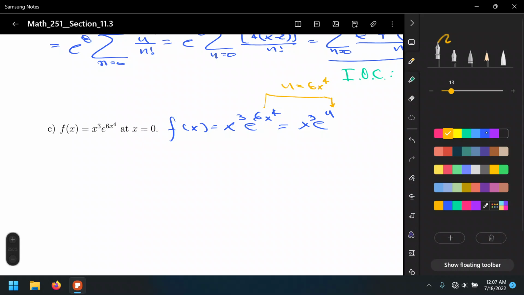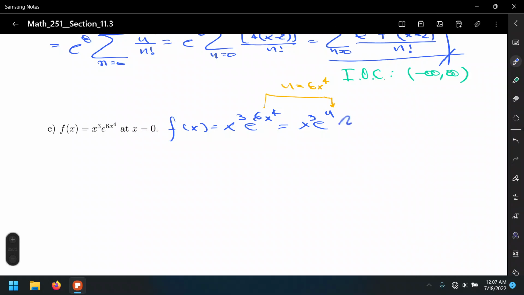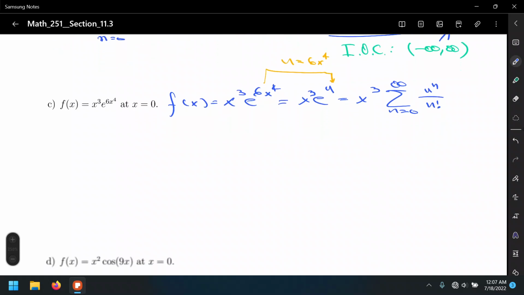And that's x cubed times the sum from n equals 0 to infinity of u to the n over n factorial, where the u will be replaced back with 6x to the 4th power. So x cubed, sum from 0 to infinity, 6x to the 4th to the n over n factorial.